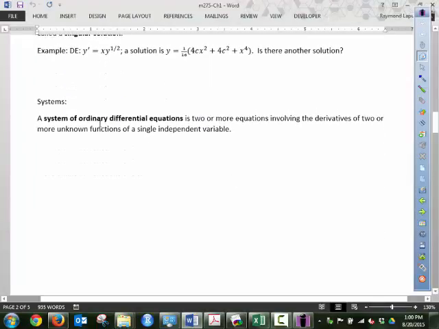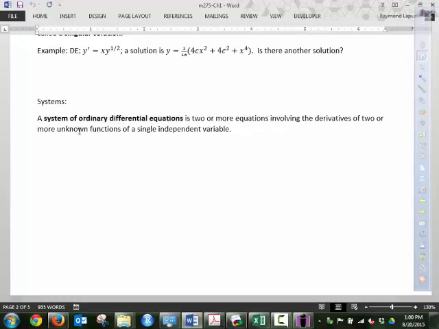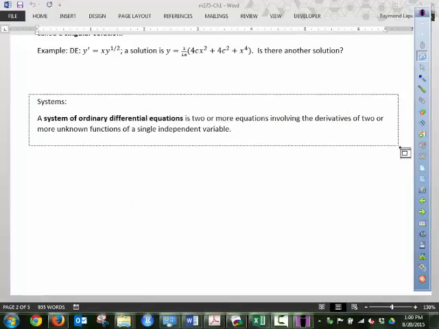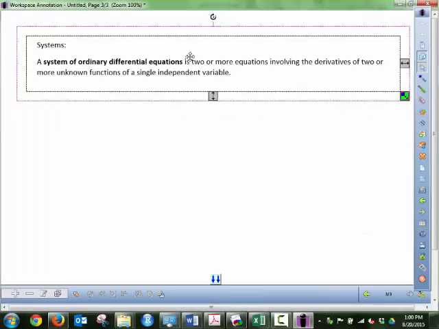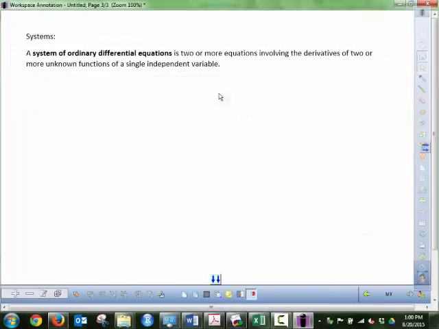The last thing they talk about in this first section is a system, and this is something that we'll see at the very end of the semester if we have time. So I'll just put it in our notes and not really talk much about it because we need to move on. A system of ordinary differential equations is two or more equations involving derivatives of two or more unknown functions.